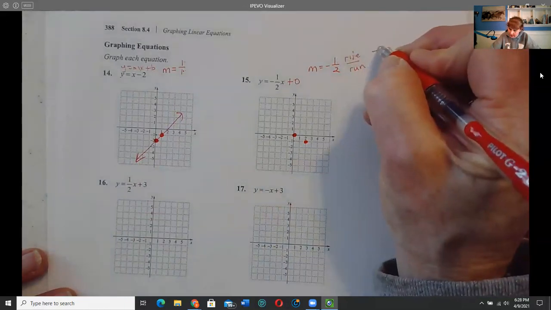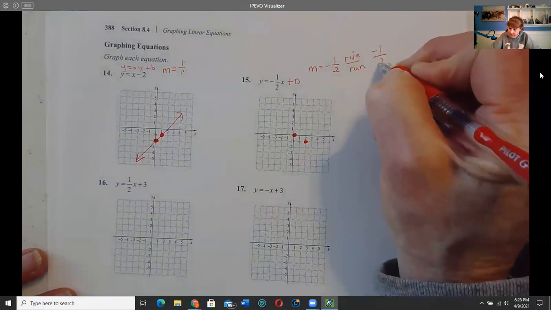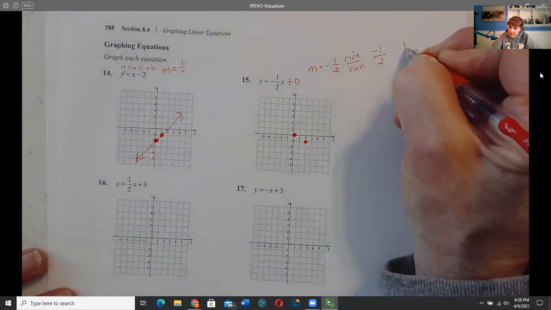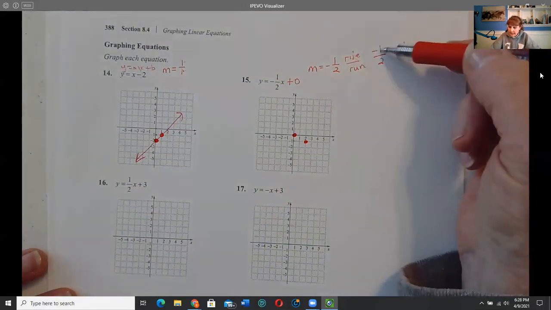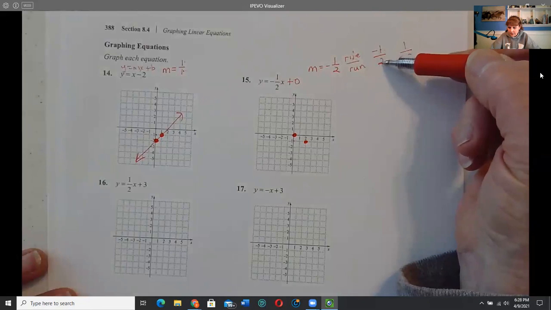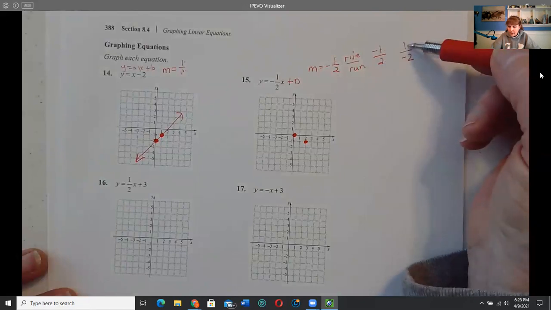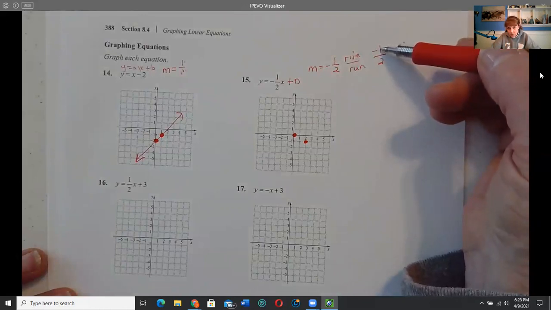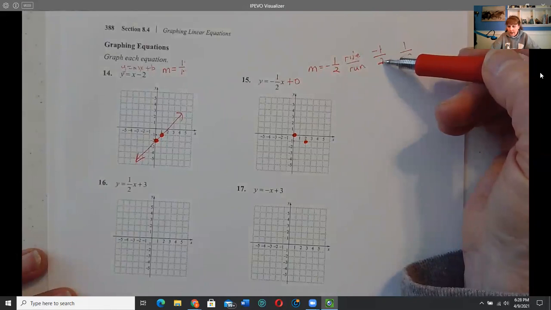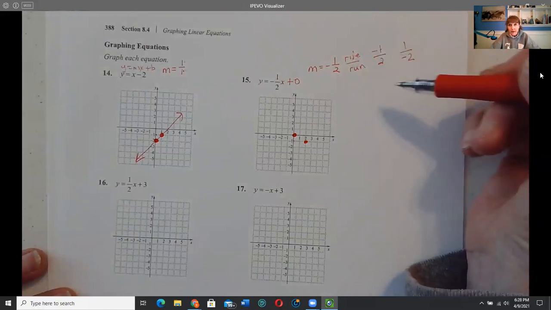So you go down 1 and to the right 2, or you go up 1 and to the left 2. So down 1 to the right 2, or up 1 and to the left 2. One of them has to be negative, but not both. You cannot go down 1 and to the left 2, because a negative over a negative is a positive.